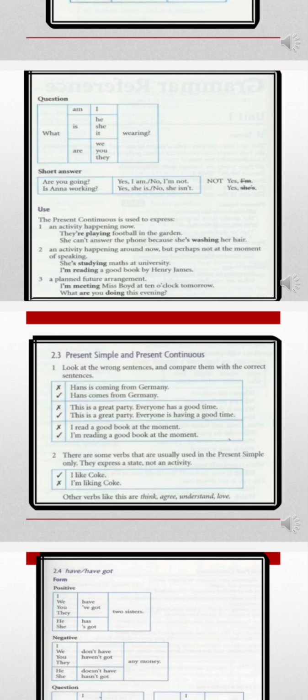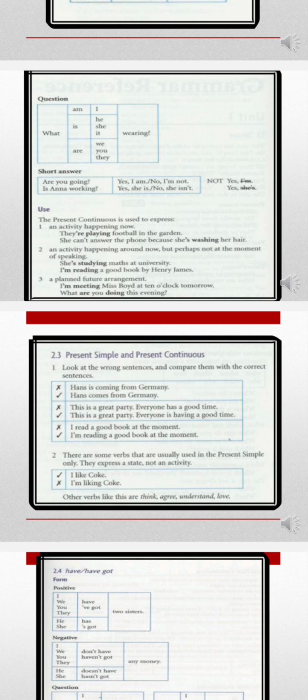For example, what am I wearing? What's he wearing? What's she wearing? What is it wearing? What are we wearing? What are you wearing? What are they wearing?